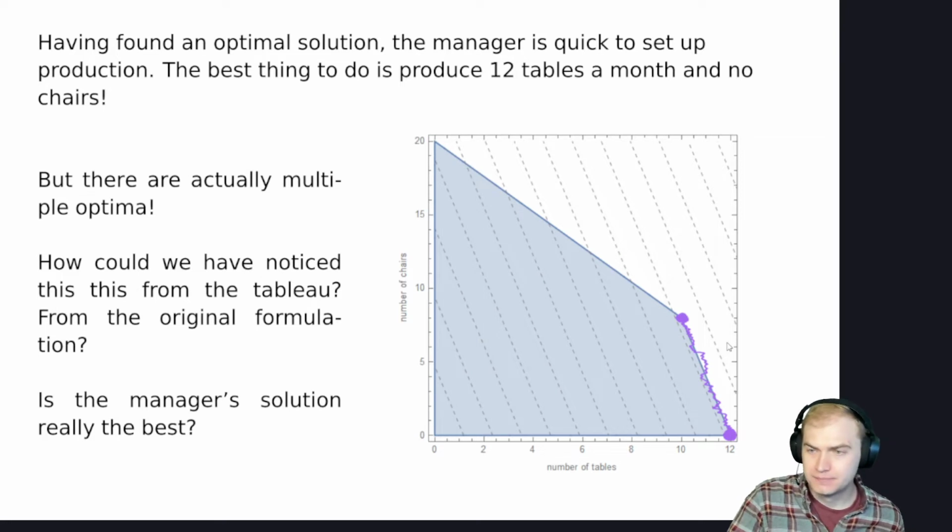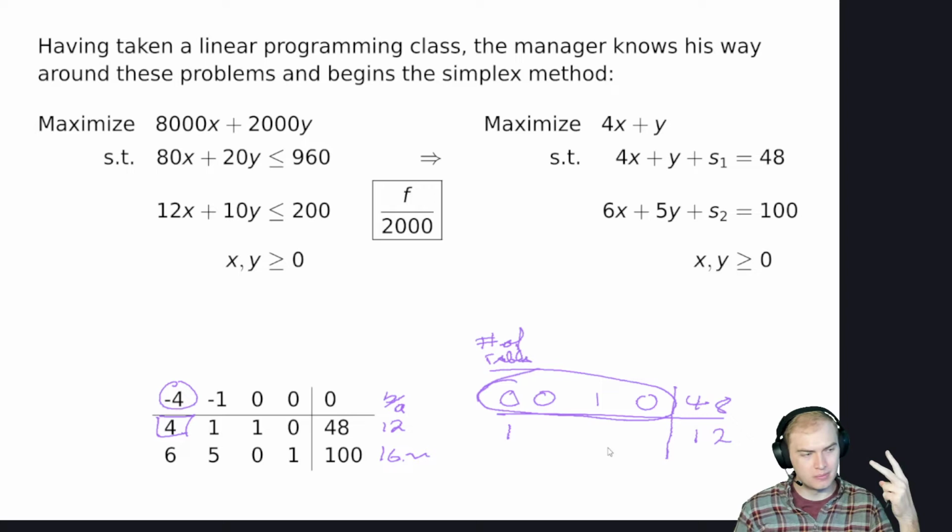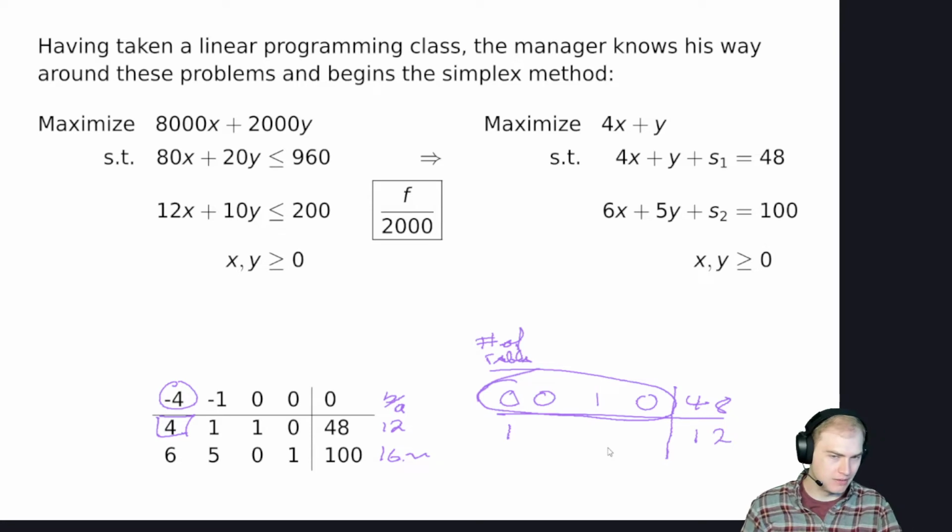So if we look back at the tableau, we can see that in our optimal reduced cost row there's actually a spare 0. The basis is only size 2, there are only 2 elements in the basis, but there are 3 zeros there, and that can indicate to us that we could pivot to a different basis without changing the objective function value, which in turn implies that there are multiple optimal solutions.